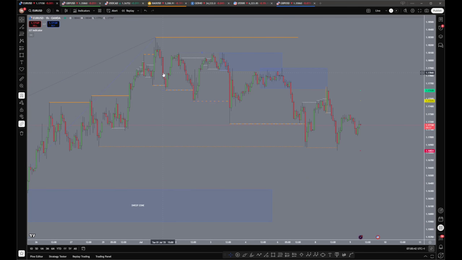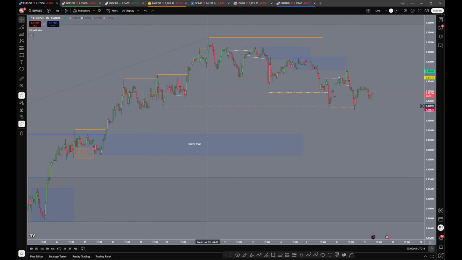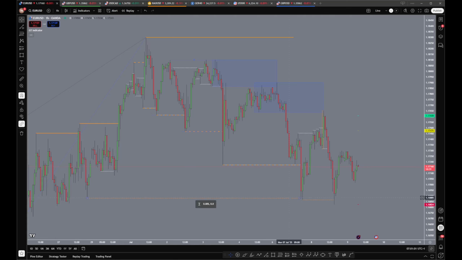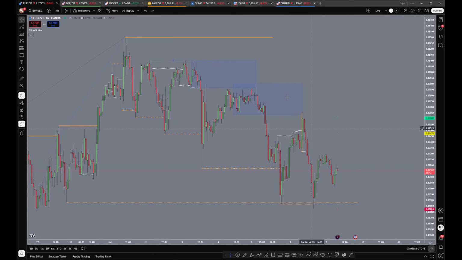If we come up to the hour, then we can see that the swing structure is bullish, the internal structure is bearish, and yeah, we have this low, which is the swing low, and we've wicked below here twice. If we get a close below here, then we'll know that the swing structure has flipped bearish, and that will probably continue to be bearish to facilitate the daily pullback.